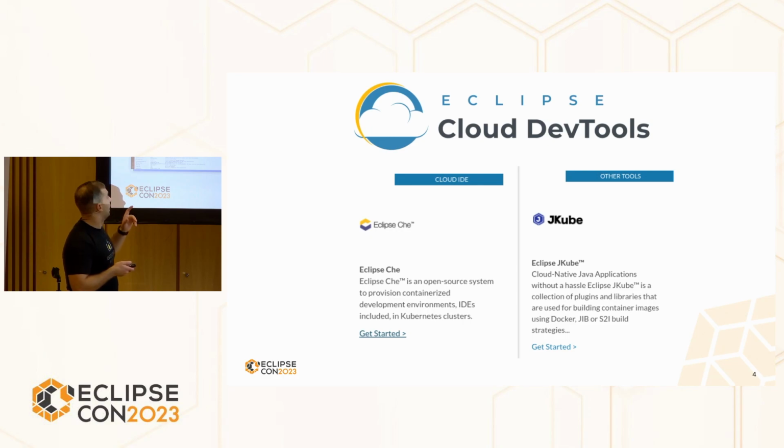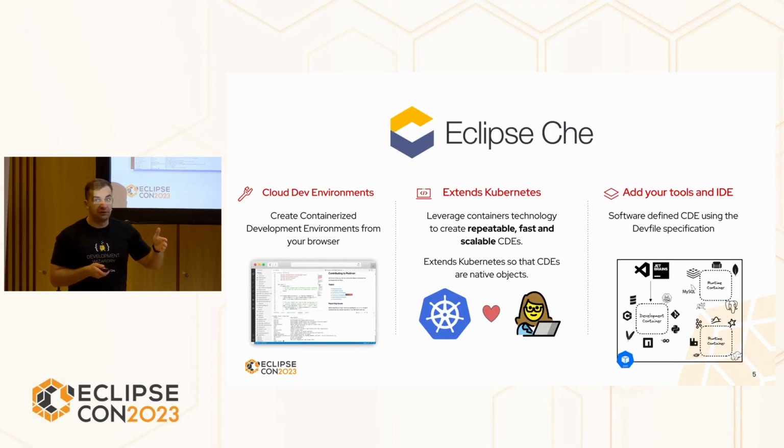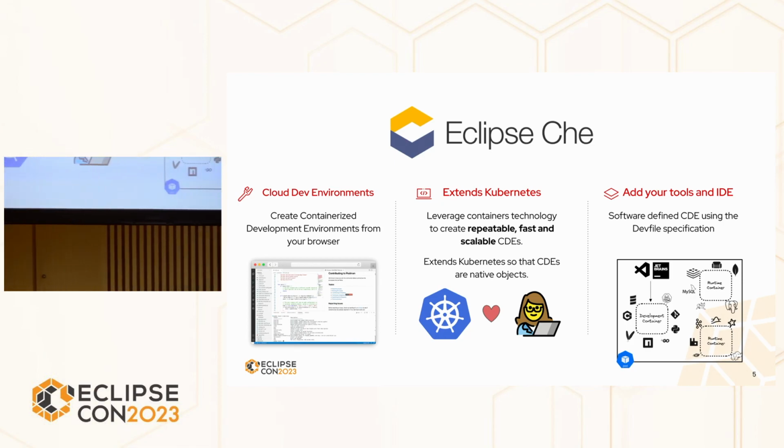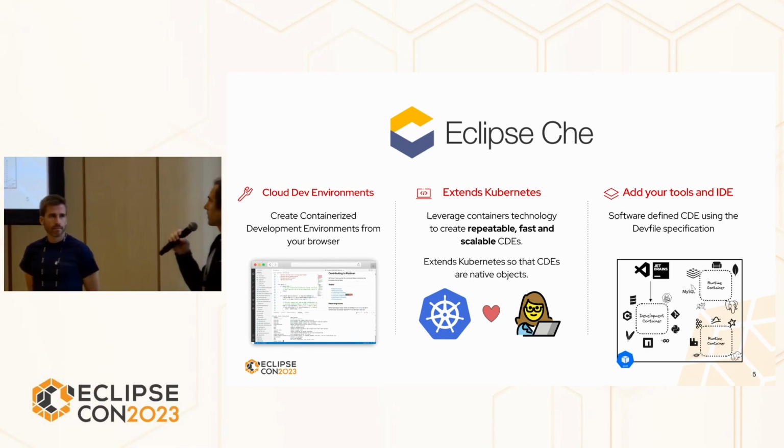And I would like to pass it over to Mario, who is going to introduce Eclipse Che. All right, so Eclipse Che is a project of the Eclipse Foundation that enables you to create cloud development environments on top of Kubernetes.